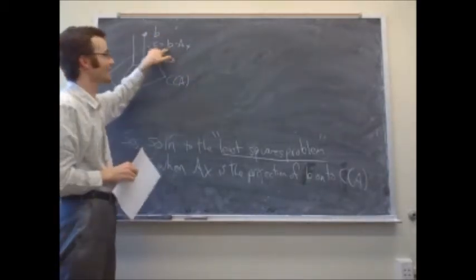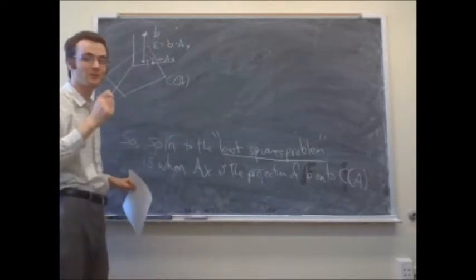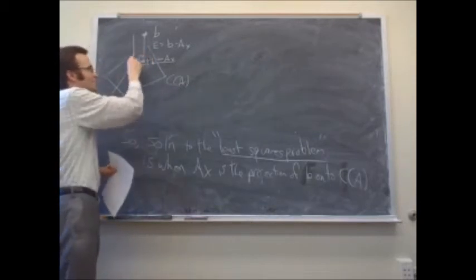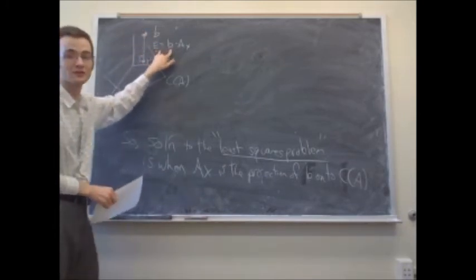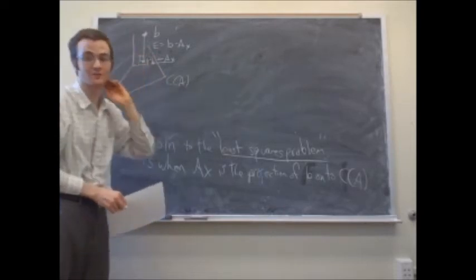We want to make this as small as possible. Remember, if we want to get the projection, that means that E in particular, which defines that line, has to be perpendicular, orthogonal to the column space of A.